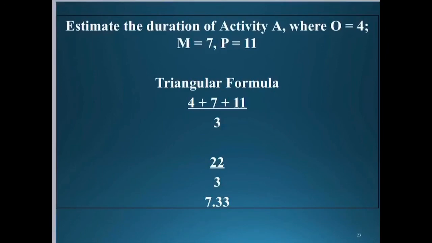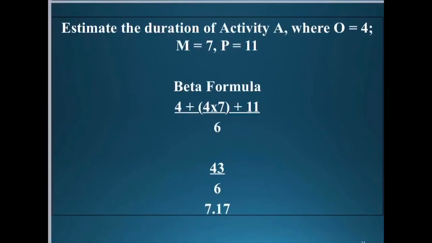We're going to do 4 plus 4 times 7 plus 11 divided by 6 to get our beta estimate. What does this mean? This means that now we do the math.